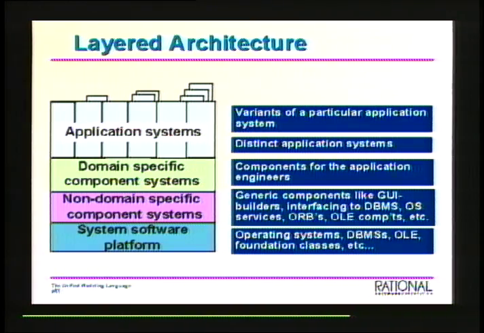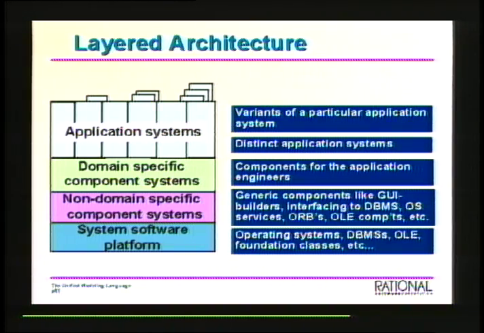Then you have a layer that contains generic components like graphical user interface builders and interfaces to database management systems, generic components that you may procure from outside. You don't need to design them yourself. On top of these, you have the software that is particular for your application.